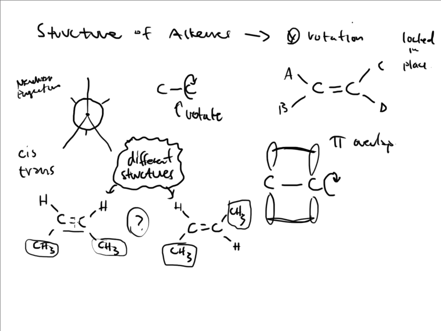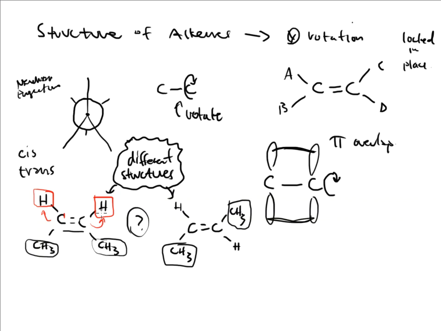If you look at this particular structure to the left, when we use cis and trans, we look at the hydrogens. Hopefully the left-hand carbon will have a hydrogen on it. It does. It's pointed up. And hopefully the right-hand carbon will have a hydrogen on it. It does as well. It's also pointed up.